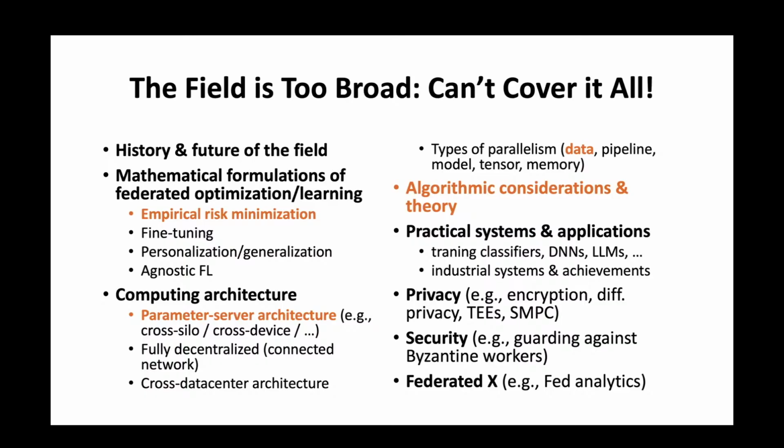The communication topology could vary in time or could be static, could be one-to-all, could be this parameter server or hub-and-spokes model, could be anything. So I'm thinking of the computer architecture as being potentially anything, and you want to design an algorithm, a distributed algorithm, or federated algorithm for that setup.